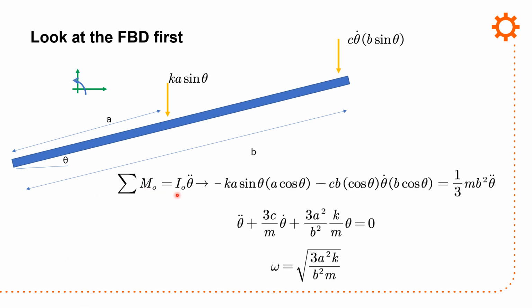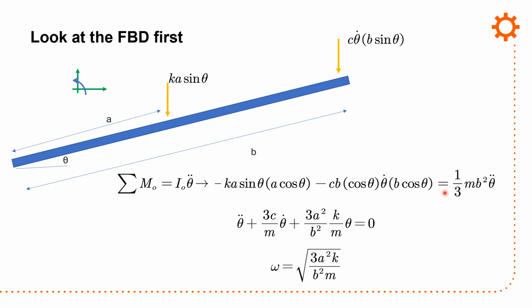Sum of moments about O equals I naught theta double dot. Standard: minus K a sine theta, a cos theta, that's the distance, minus C b cos theta theta dot, b cos theta, equals 1/3 m b squared theta double dot. Now, that term right here you recognize immediately as a uniform rod pinned at one end.